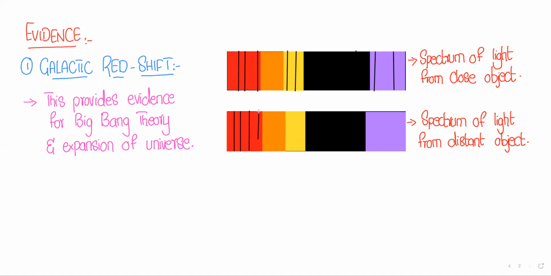So we observe most of the spectral lines towards the red color because of the concept of redshift, and only a few spectral lines are on the other side like this, right?